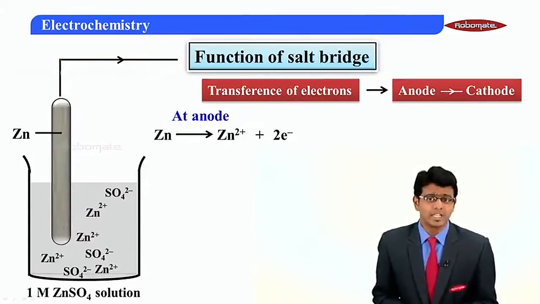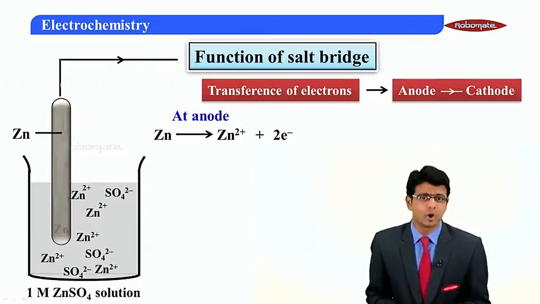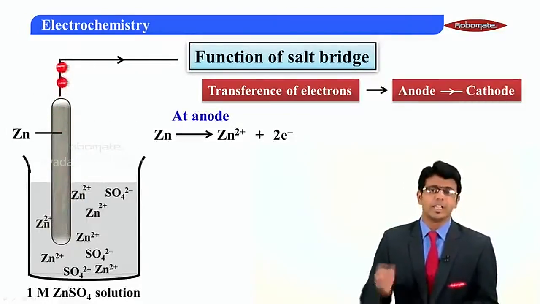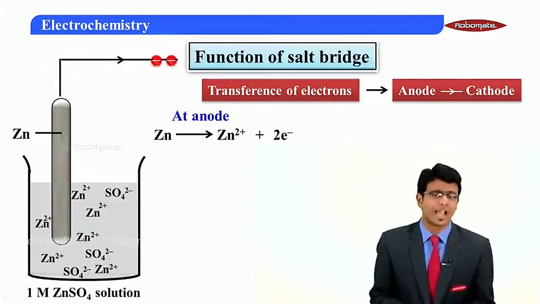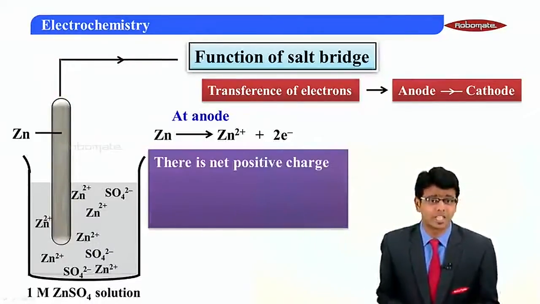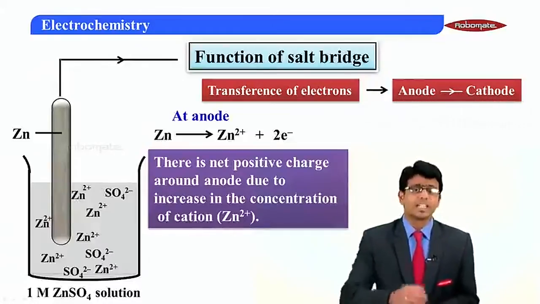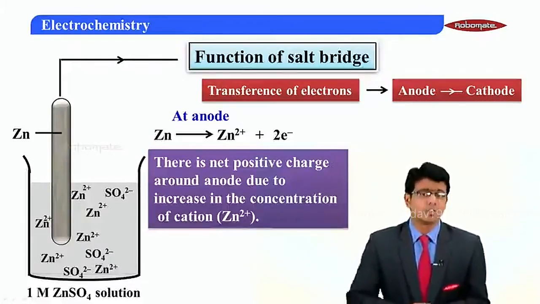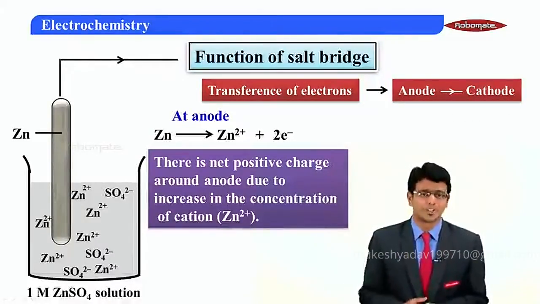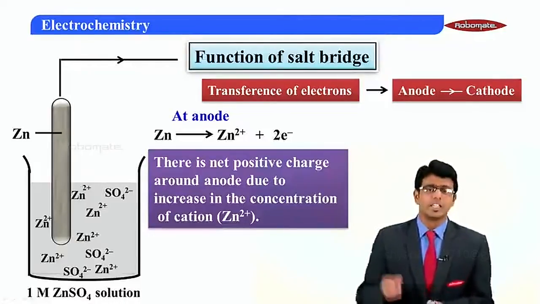So with this oxidation of zinc all the time, electrons will be transferred to the cathode, and in the solution there will be an excess of Zn2+ ions. So there is a net positive charge around the anode, due to an increase in the concentration of cations.